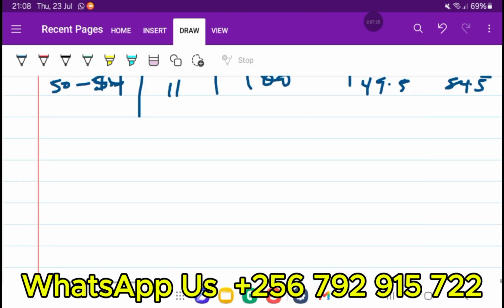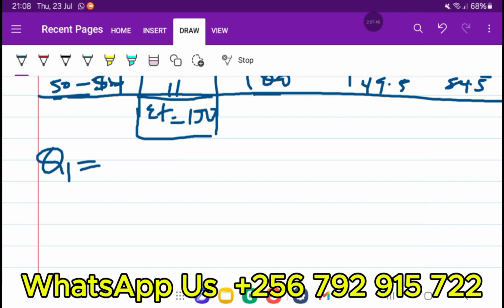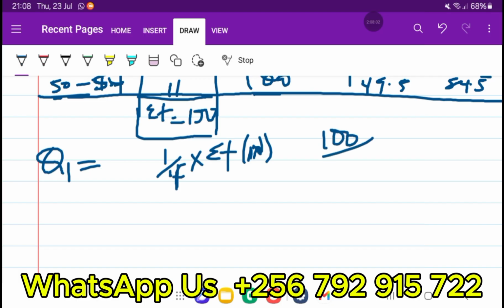The summation F was 100. We pick it from here, but you can add up to confirm. Now we start with Q1. We start with the interquartile classes. It is 1/4 times summation F or n. So it is 100 divided by 4.